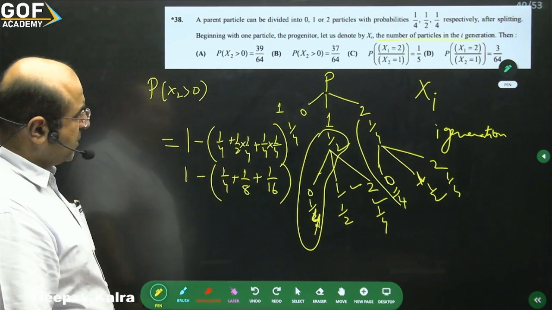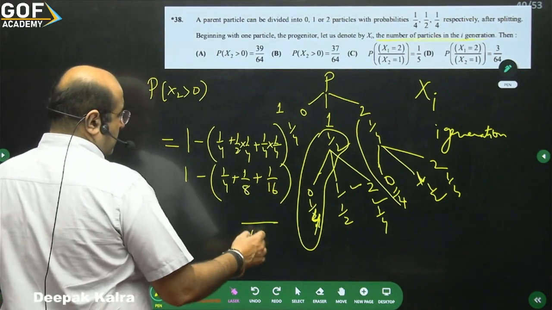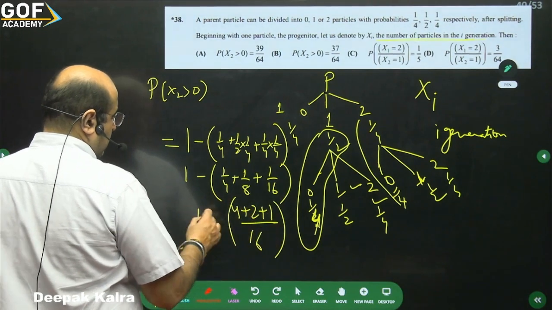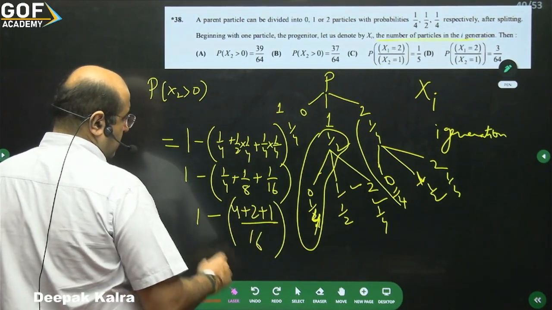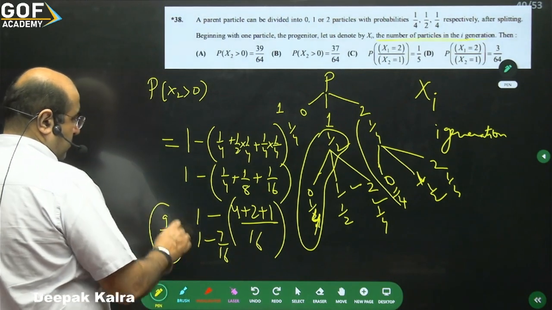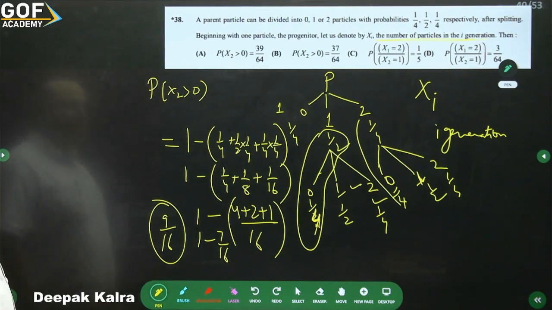The rest is support. So 16, 4 plus 2 plus 1. My answer is coming 9 over 16.